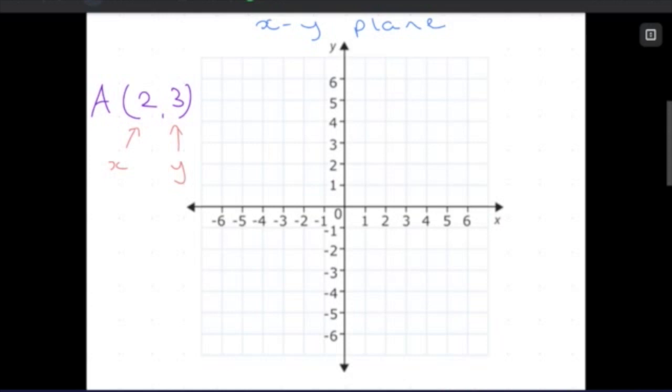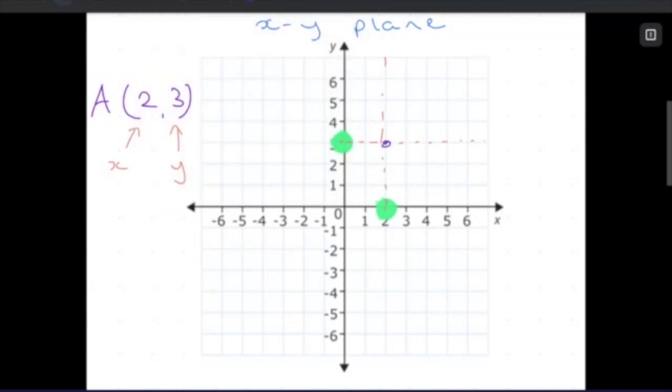So here we are at positive 2 along the x-axis, and we are positive 3 in the y direction. I locate on my y that this is up here, and all we're doing is following these grid lines and seeing where these two meet: what satisfies 2 along my x and 3 along my y.